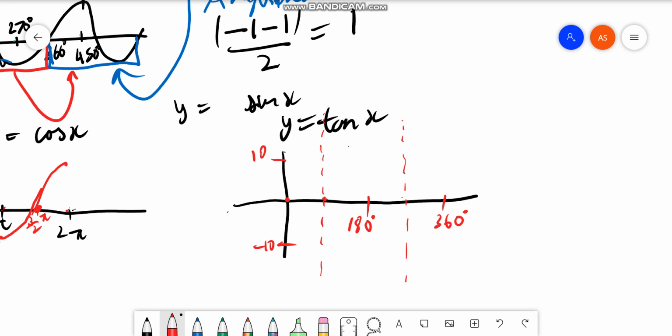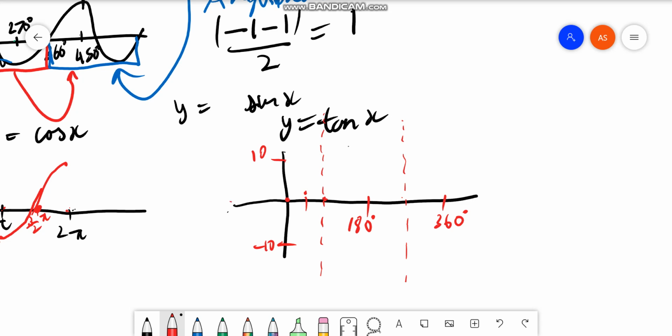Then some more points. So this point, which is 45 degrees, tan 45. Tan 45 is 1, going to be over here.